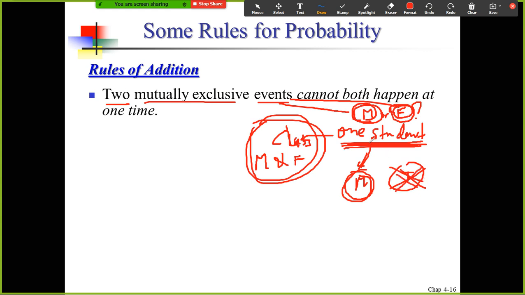So at the same time, male and female cannot come. That's why, in the class, choosing one student, male outcome and female outcome are mutually exclusive events.